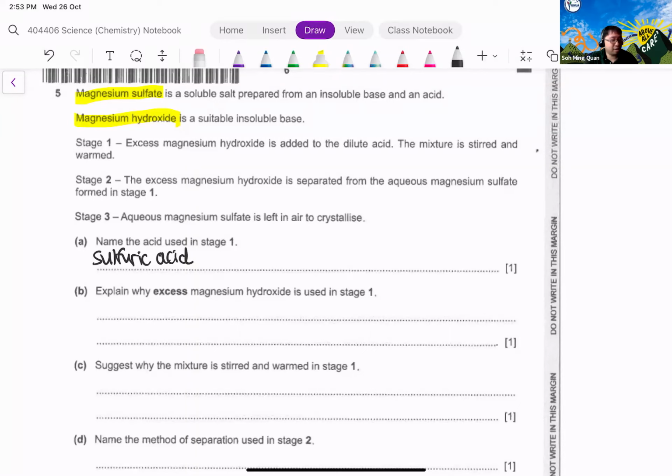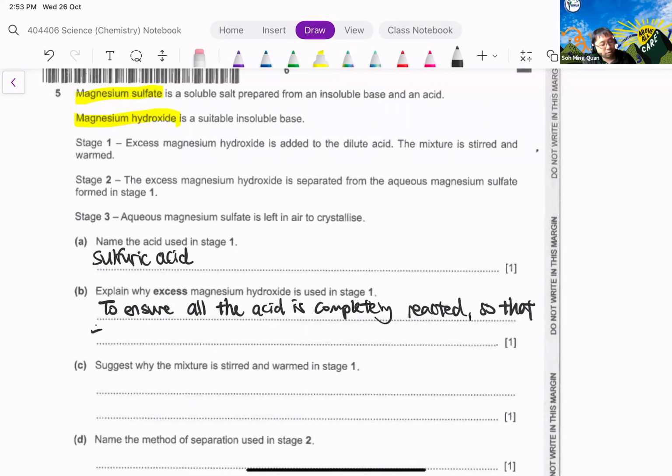It is to ensure all the sulfuric acid, all the acid, is completely reacted so that the salt formed is not contaminated. So I think we mentioned this before. The purpose of adding excess solid is so that all the acid reacts away, so your salt at the end of the day doesn't have acid on it.